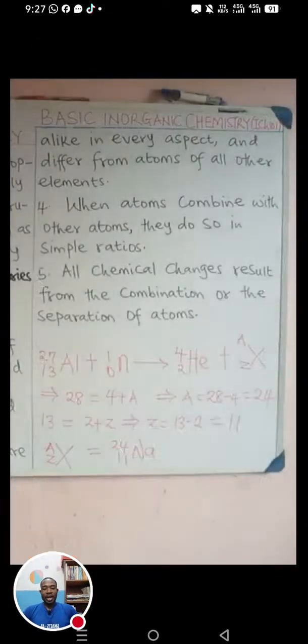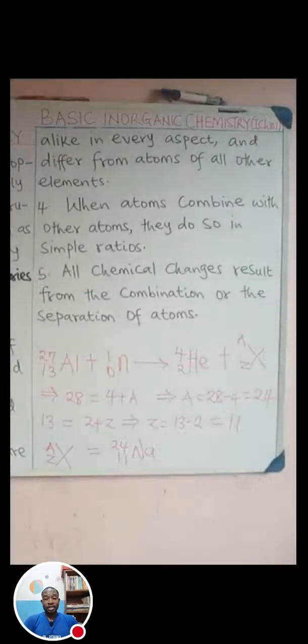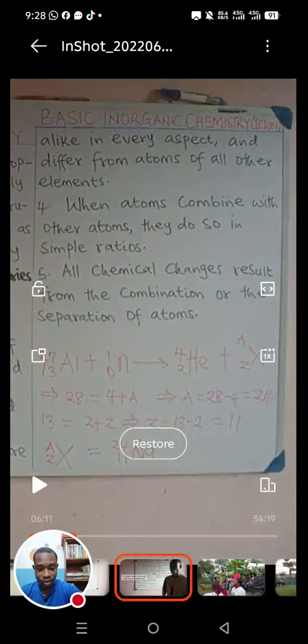Now we are going to look at another concept of interest here. We now want to give attention to the discovery of our atomic particles, the fundamental particles of the atom: the proton, the electron, the neutron. Let's talk about them at this point.